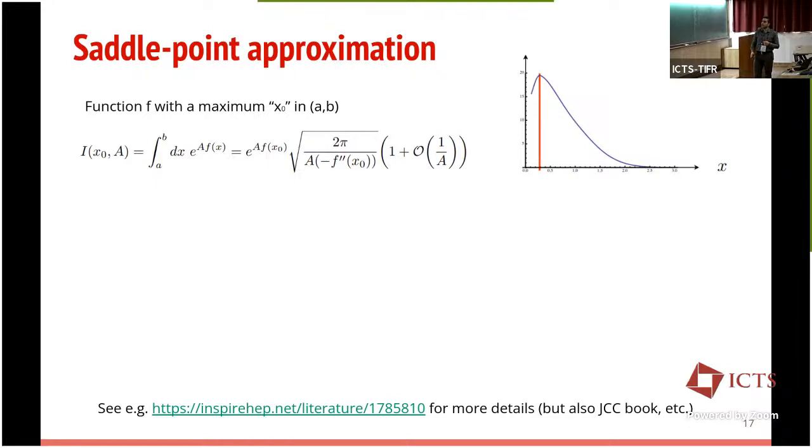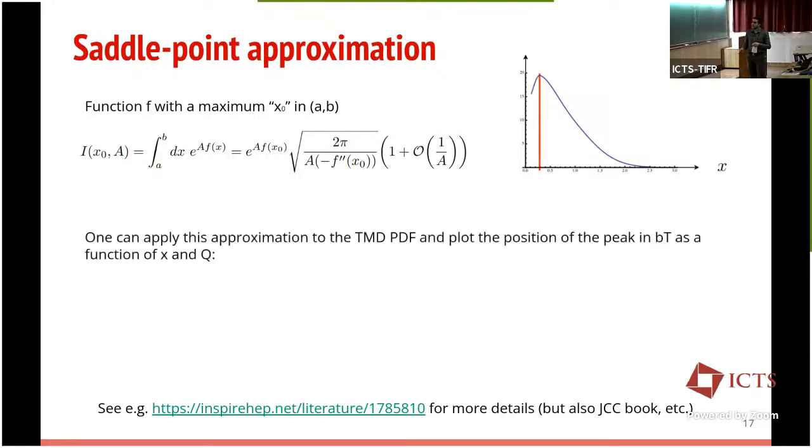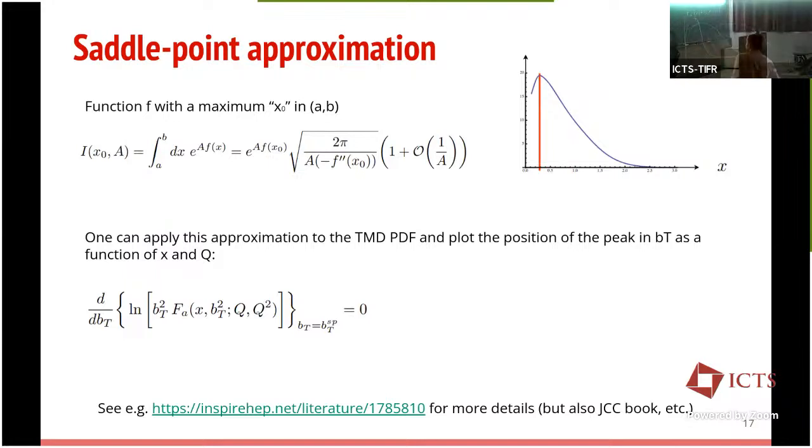So you can use this approximation for the TMD PDFs. In this case, we try to analyze where the position of the function in bT space lies. So we try to calculate where the saddle point in bT space is.